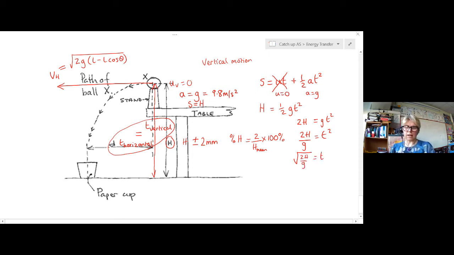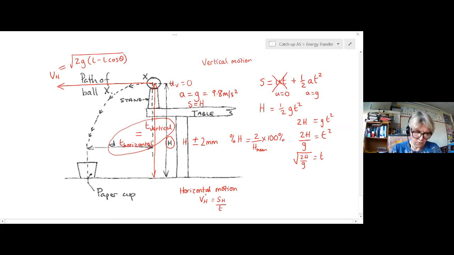Okay, now that you've got the time, the horizontal motion is actually a lot more straightforward, because there are no forces acting, so we don't have to use the 4 equations of motion. We can use horizontal velocity equals horizontal displacement divided by the time taken.